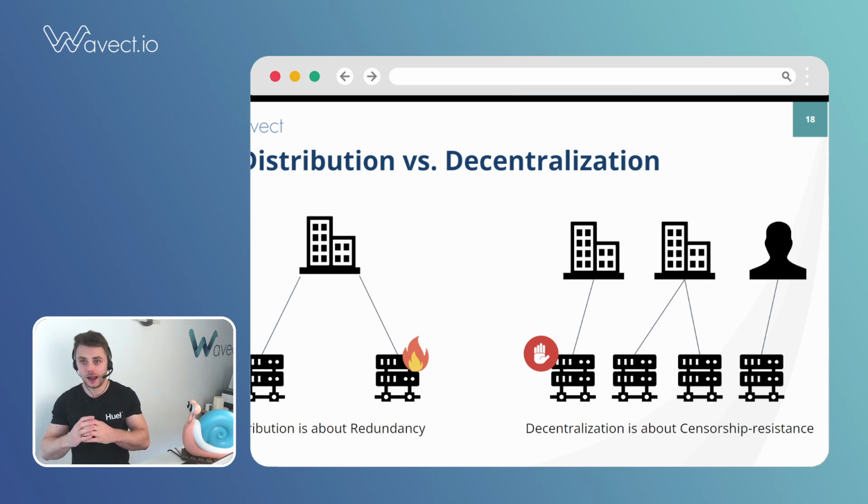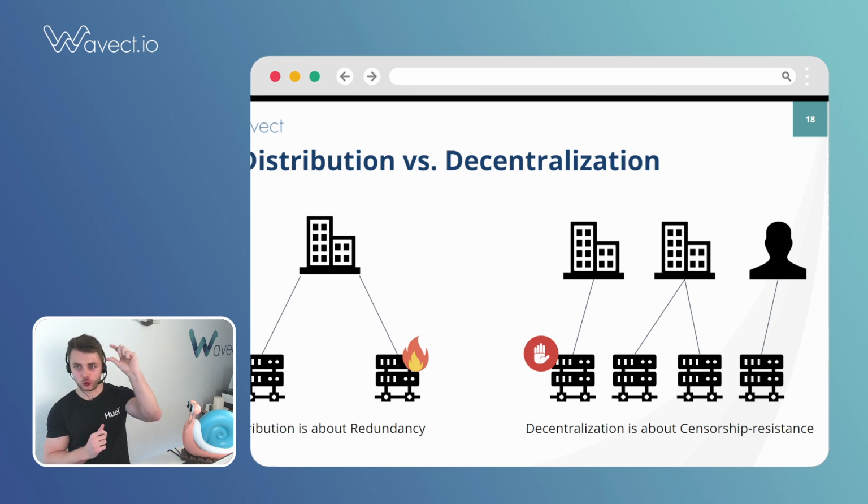Just imagine if you're Google and you have just one server, and for some reason there's an earthquake, and then Google is down. That would be crazy, because it's one of the most important web services we have today. So that this is very unlikely to happen, you distribute the risk and the load across different servers around the world, different geographical locations, different buildings, different service providers, and so on. That's distribution.